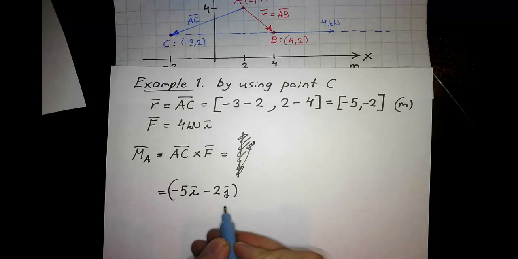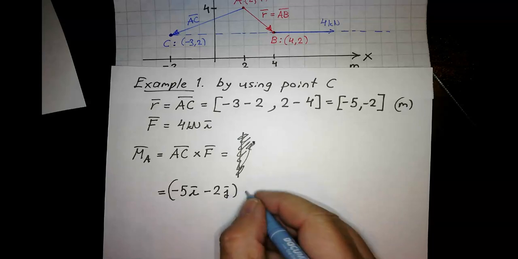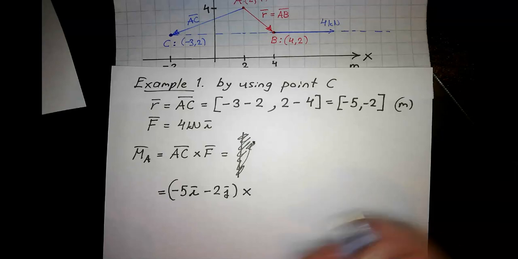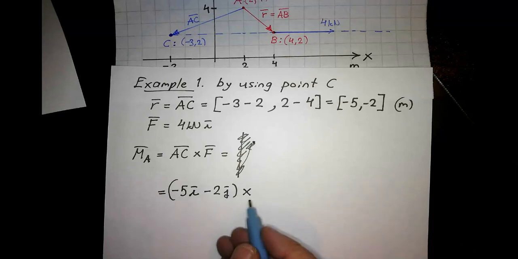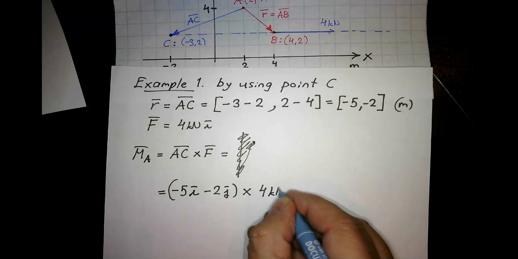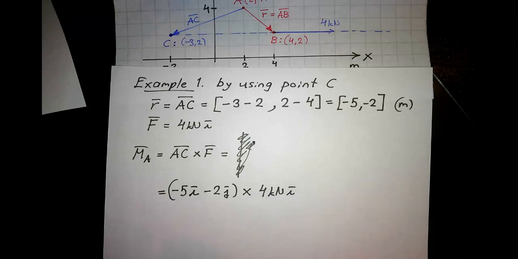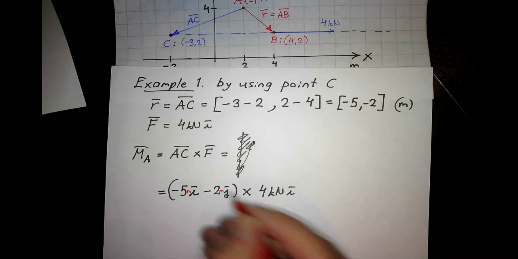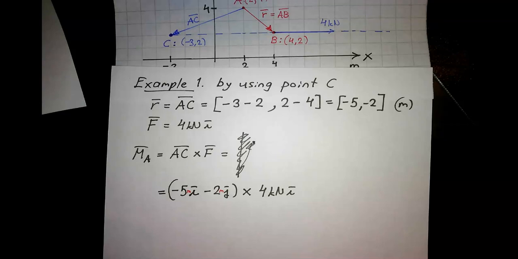This is the vector AC. And we multiply that with cross multiplication with F, and the F vector will be 4 kilonewton i. Sorry, I forgot the units: 5 meters and 2 meters there.